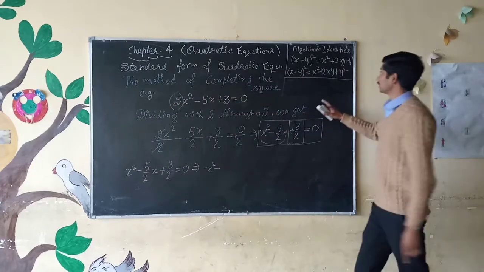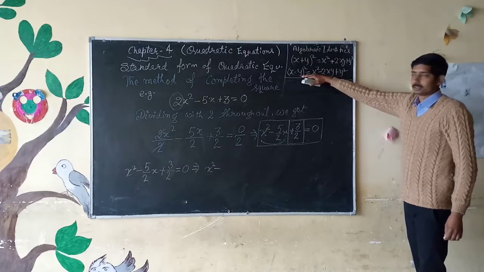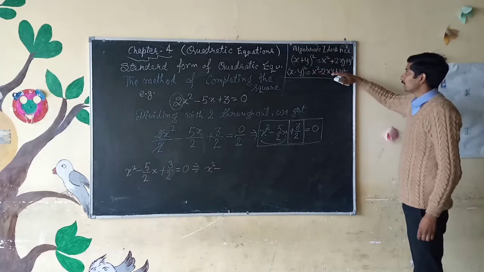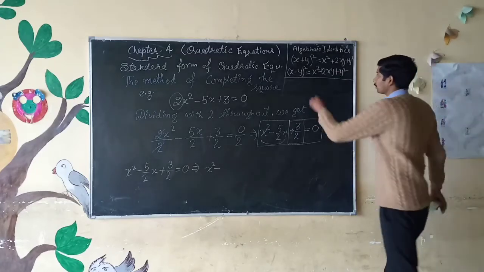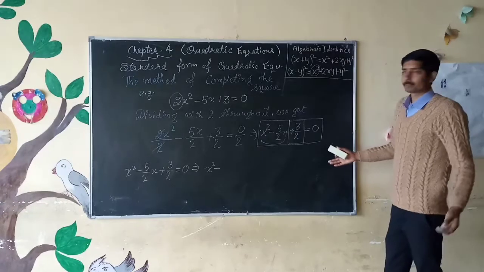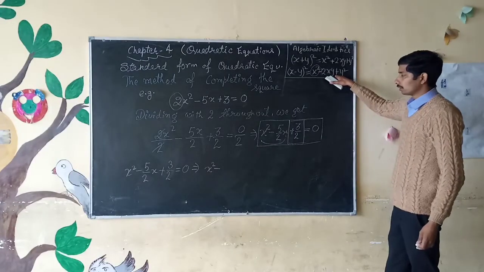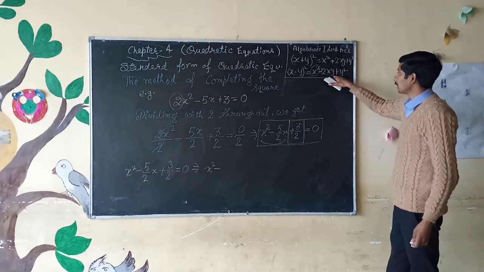since here the sign is minus, the sign of subtraction, we can think about this algebraic identity, x square minus 2xy plus y square. First term, x square, we already have, and the next term is minus 2xy.